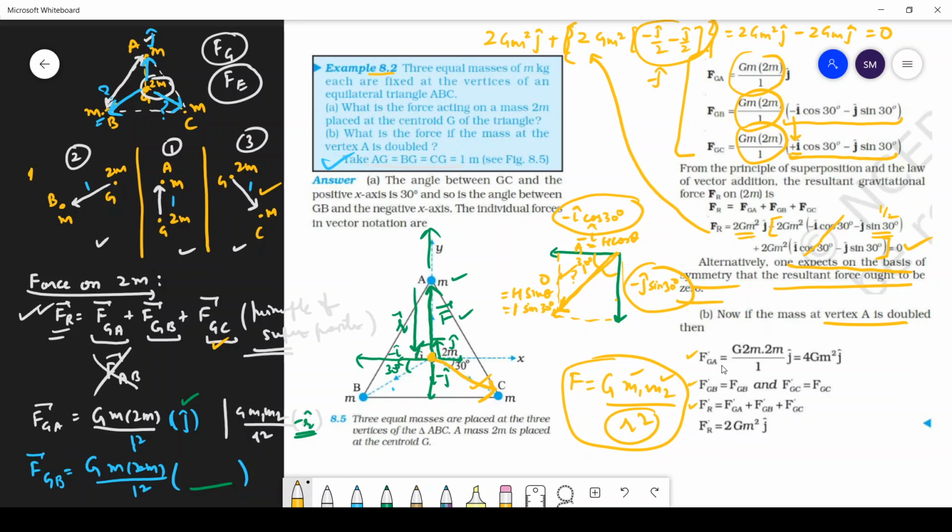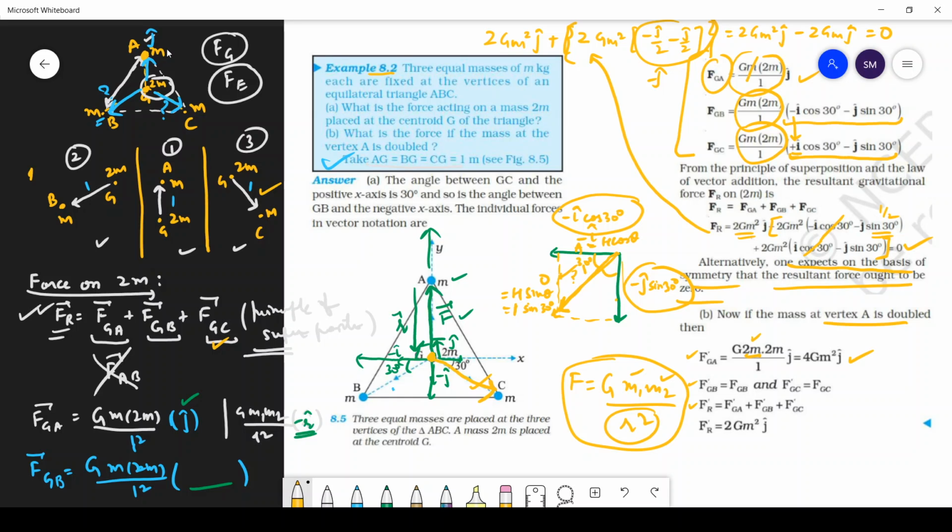Okay. So here this force F_GA will be G into, replacing this m with 2m. And these forces F dash GB will be, so only this mass is doubled.